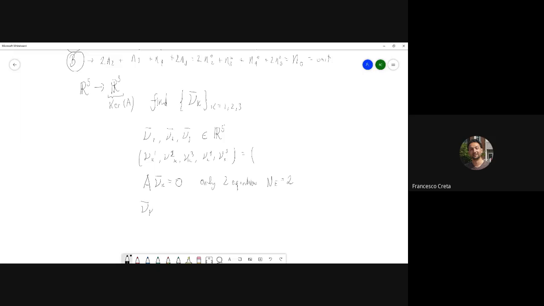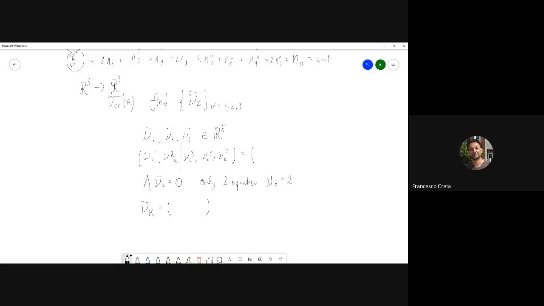Each of those basis vectors can be represented by operating a splitting of these components. I will essentially separate 2 components here and 3 components there. I can only find 2.